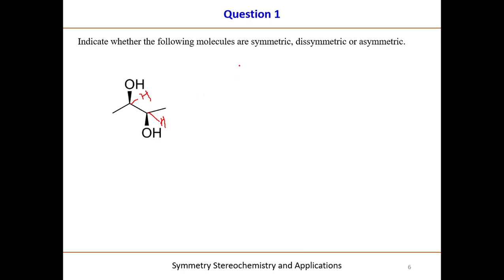First we will draw the Fischer projection, which we discussed in the previous class. Then we will see if it is symmetric, asymmetric or disymmetric. CH3 and CH3 groups are present over here. Now we have to check. If we rotate this carbon-carbon bond by 180, you will get this conformation this way, right?